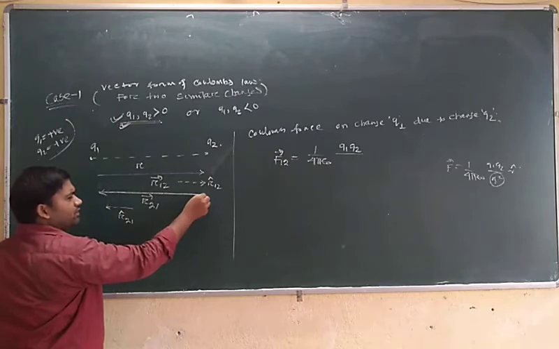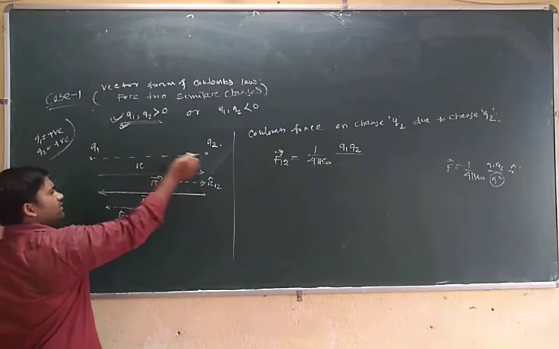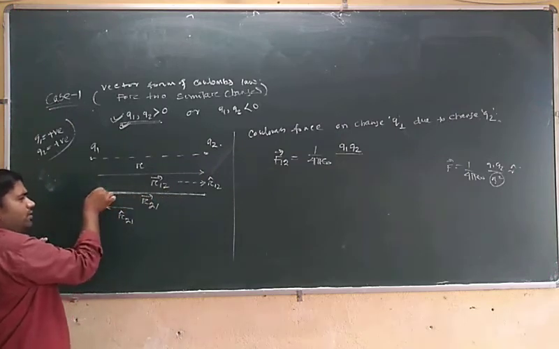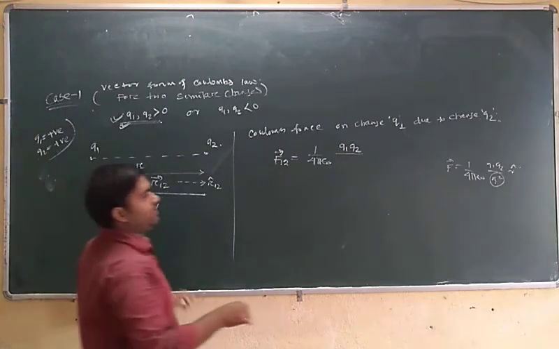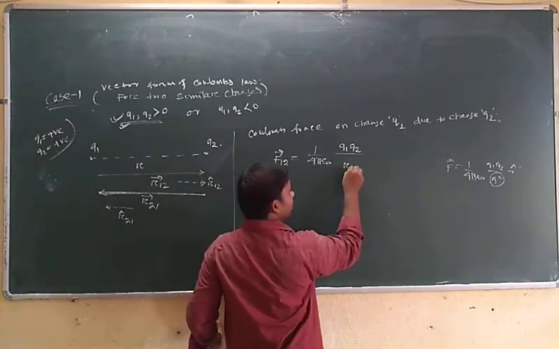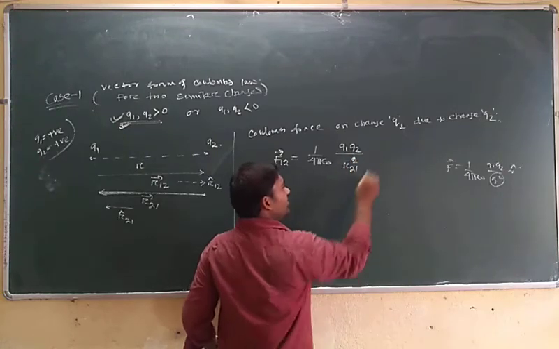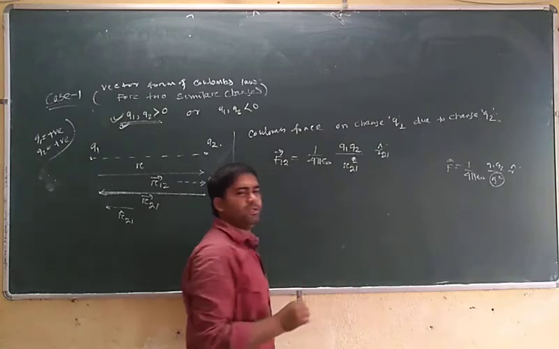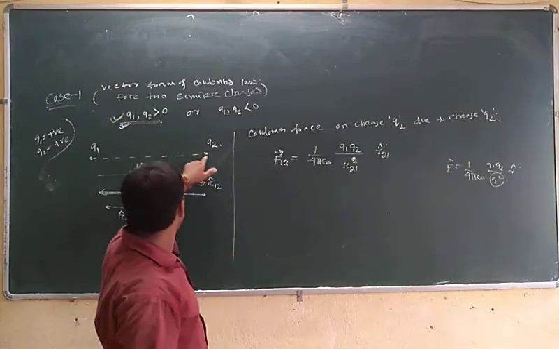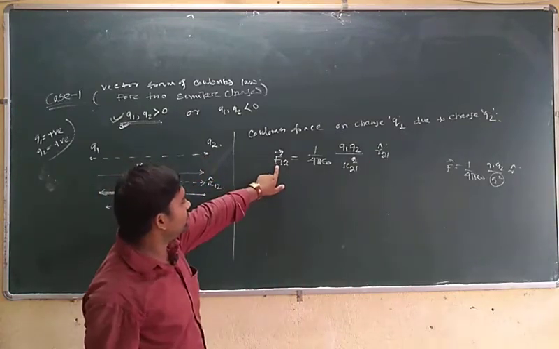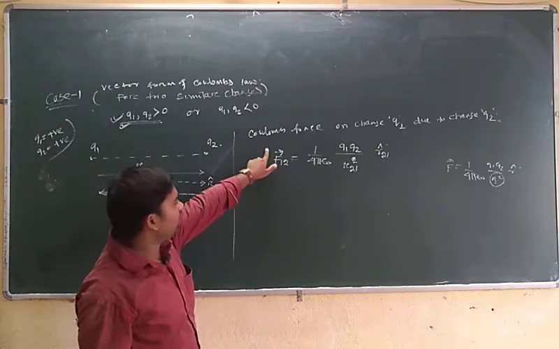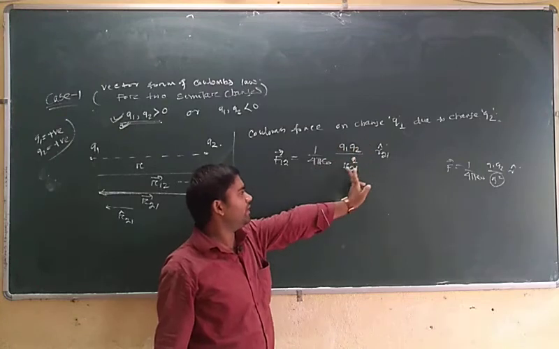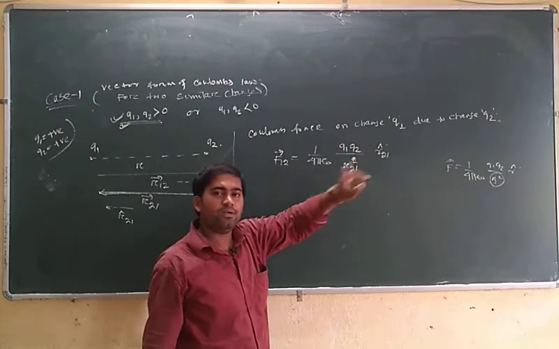That's why we write the displacement as r21 square r21 cap, from 2 to 1. So F12 vector is 1 by 4 pi epsilon naught q1 q2 by r21 square r21 cap.